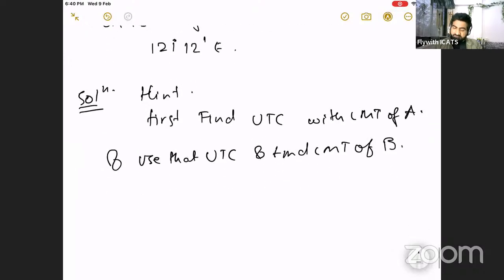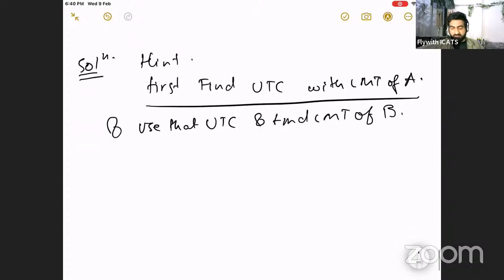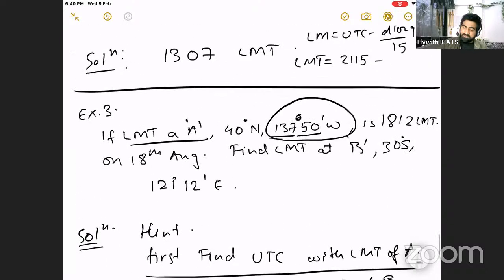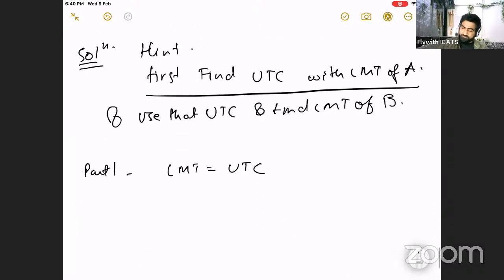Okay. Students, see. What is the hint? First find UTC with LMT of A. So part 1 of the solution would be: LMT is equal to UTC, and this is where west, right? So minus longitude upon 15. Forget D long, put longitude because D long is confusing.